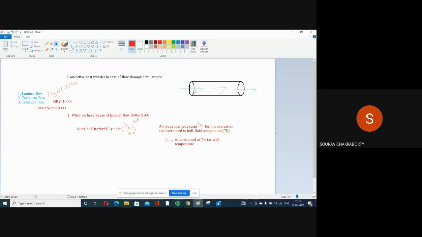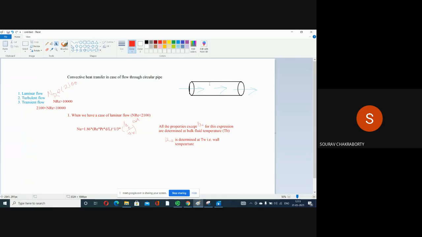Because what will the bulk fluid temperature be? If the fluid is flowing, the inlet temperature is, for example, T1 and the outlet T2, and the wall temperature will be whatever temperature is on the wall. Suppose a hot fluid is flowing through this pipe, so the wall will have some separate temperature.